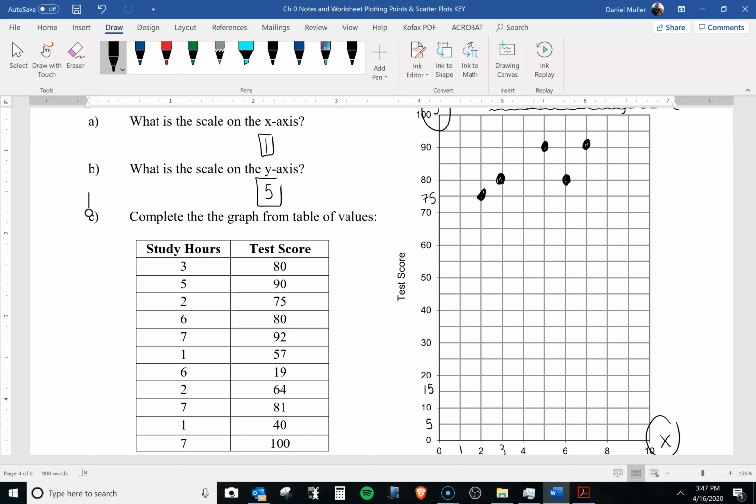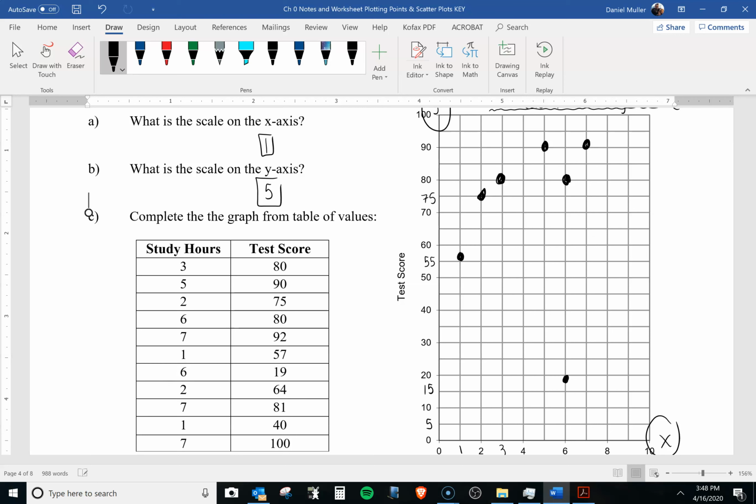Now 1 and 57. Halfway in between is 50, then 55, and 57 is a little bit above that. So 1 hour of studying got you 57%. Oh, look at this one. They did 6 hours of studying, but only got 19%. That's just below 20. So there's 6 and 19.